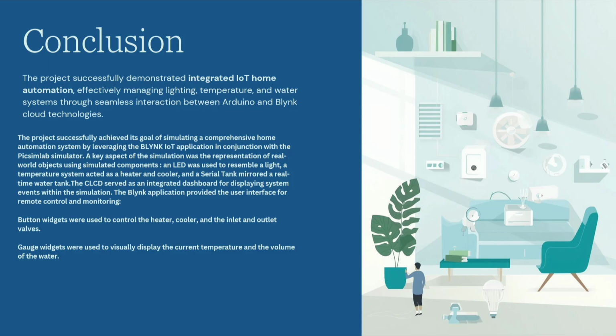A key aspect of the simulation was the representation of real-world objects using components like LEDs, garden lights, temperature sensor systems, heaters and coolers, a water tank with inlet and outlet valves, and CLCD for real-time display, integrating the dashboard for displaying the events of the simulation.